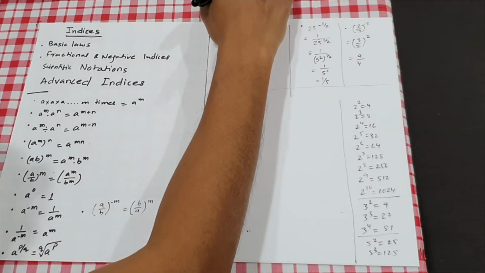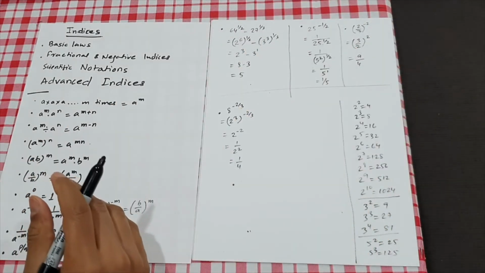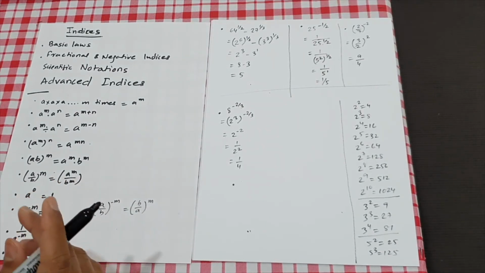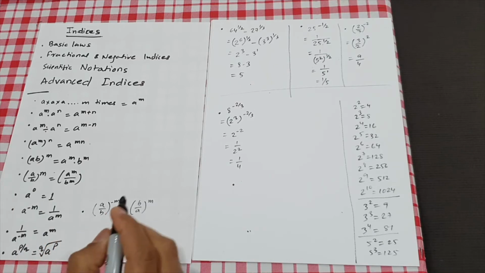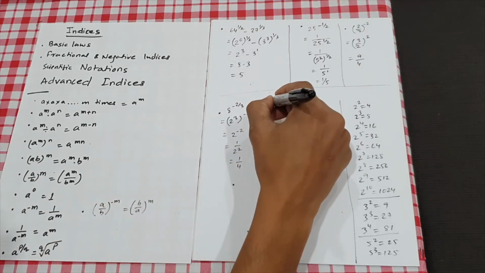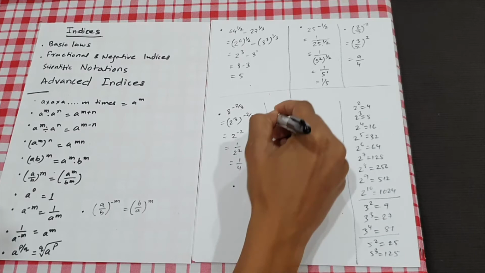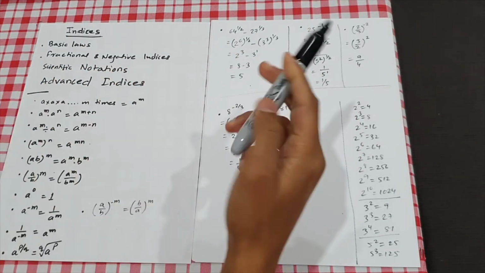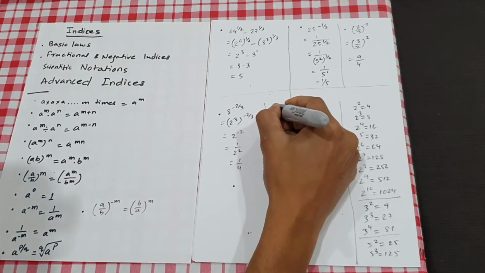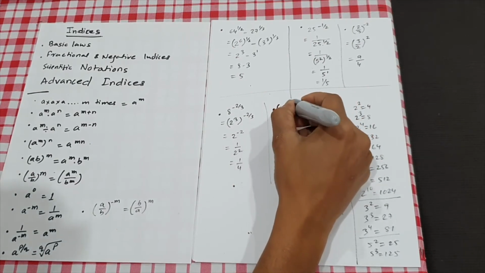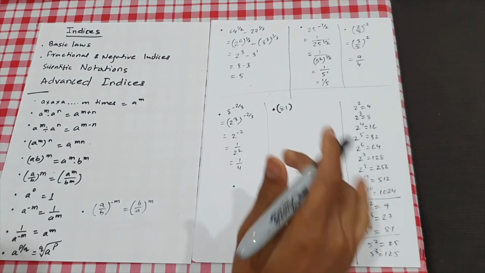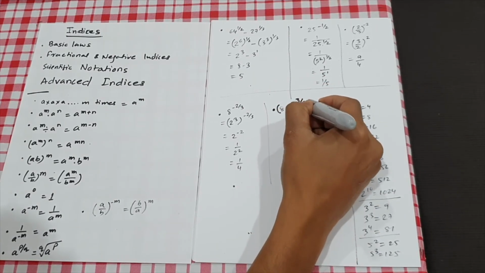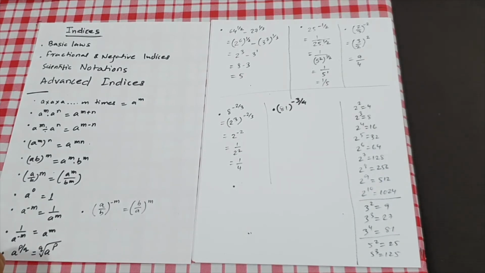Okay. So we'll take one more example of something similar and try to understand how we solve problems like this. 81 to the power minus 3 by 4.